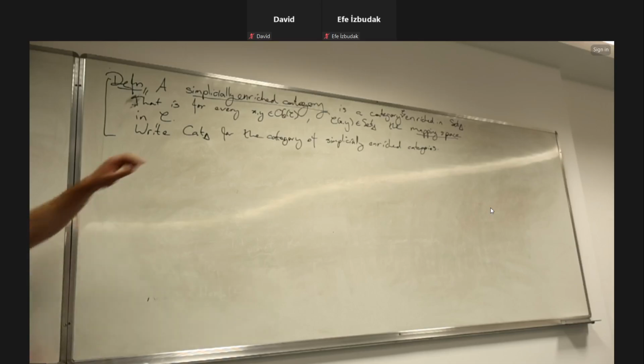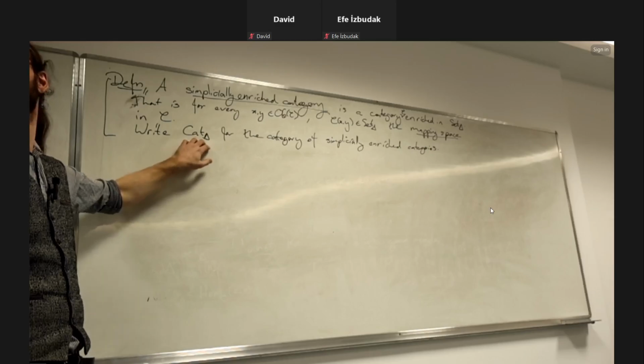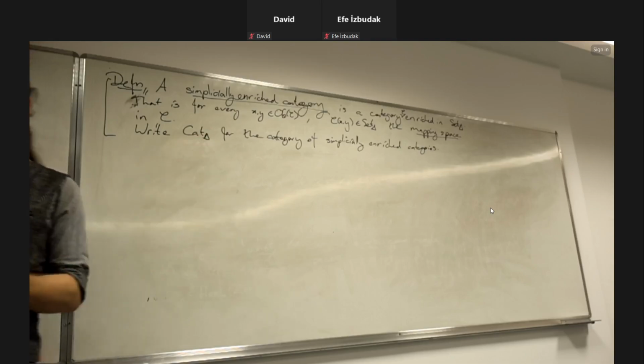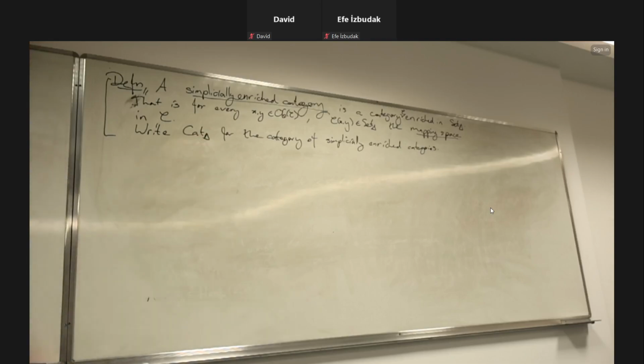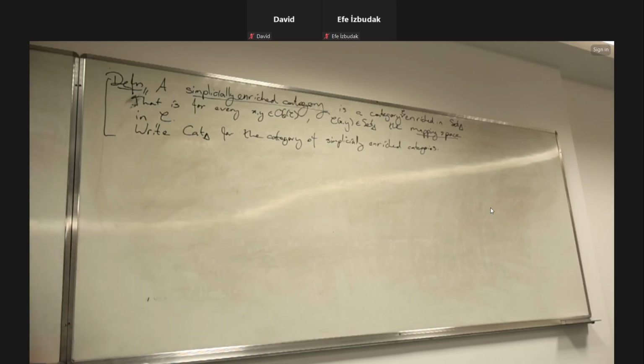So I will say, again, I'm following mostly Lurie's notation. This is the notation from Higher Topos Theory. I think that this notation is a little bit suboptimal because it suggests that what we're talking about is the category of simplicial objects in categories. This is, in fact, a subcategory of that. So by Cat_Δ, I really do mean just the category of simplicially enriched categories.